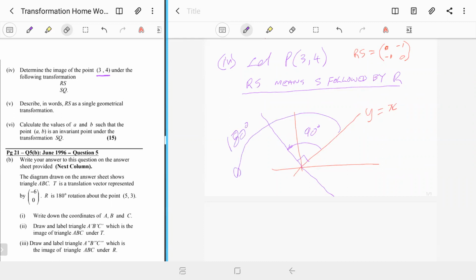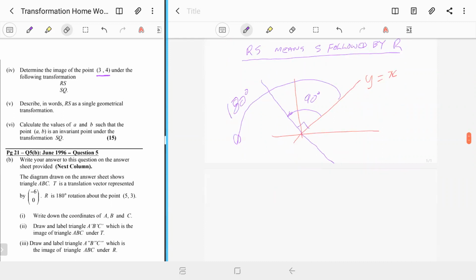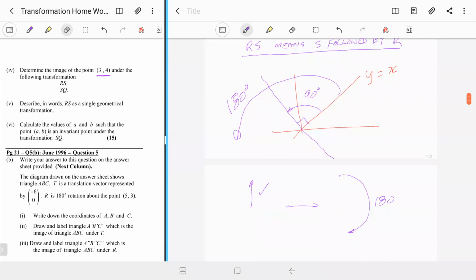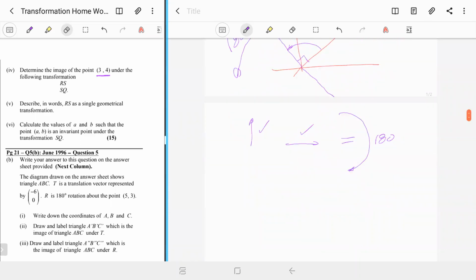It means that two reflections go with one rotation. A reflection in this line and a reflection in that line is equivalent to a 180-degree rotation, because these two lines are perpendicular. I can put them in any order, so I can put the three of them in any order.